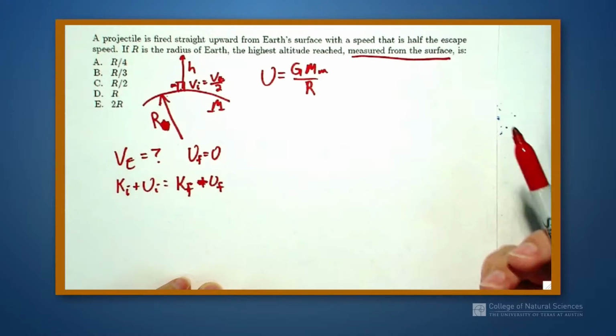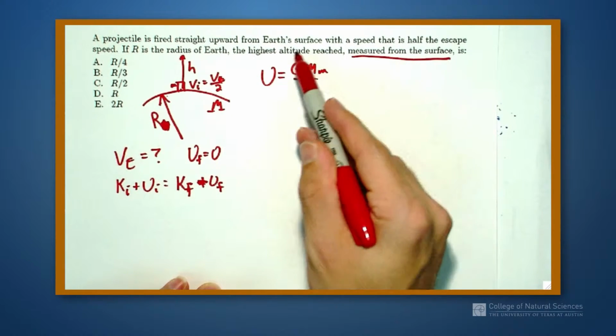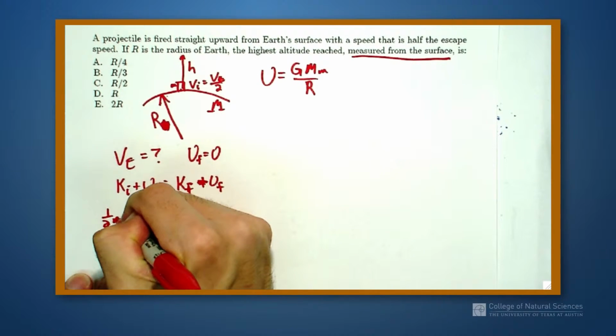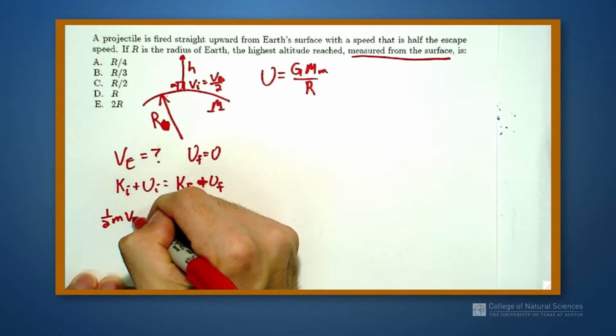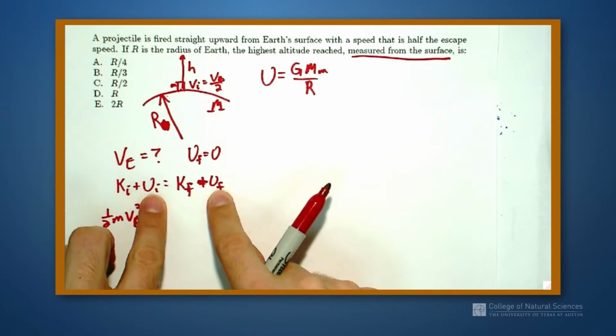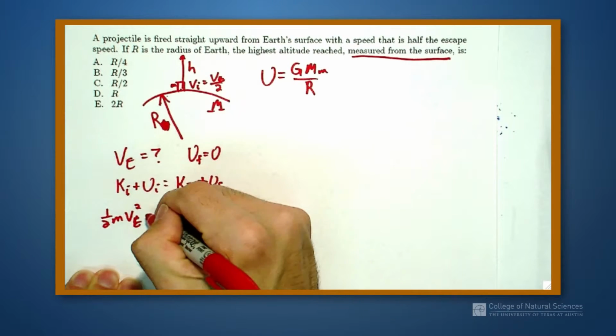And that's the idea of escape velocity, where I give myself just the minimum amount of energy, or initial amount of kinetic energy, to change my potential energy to go from some value to a value of 0.